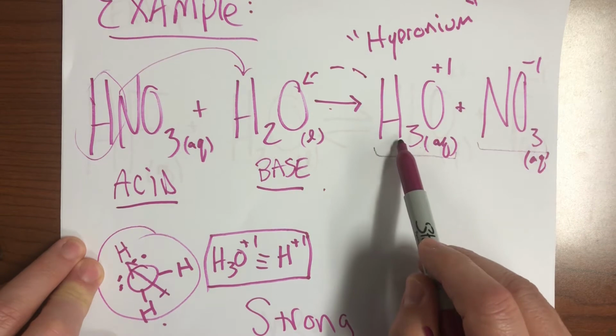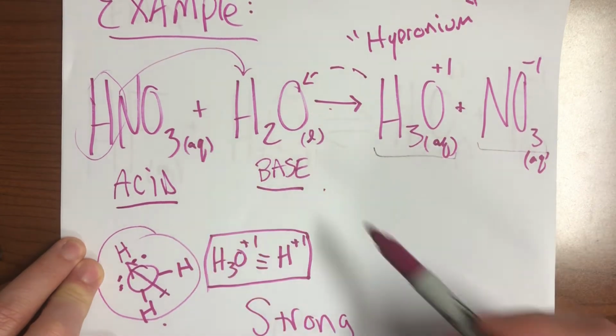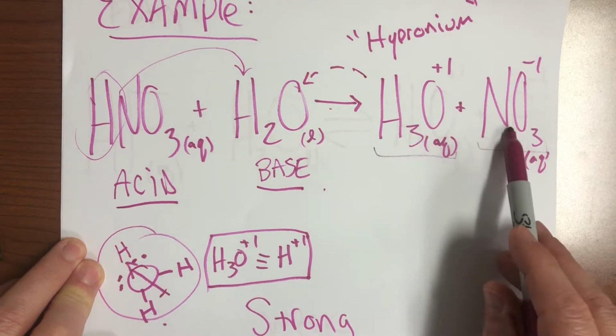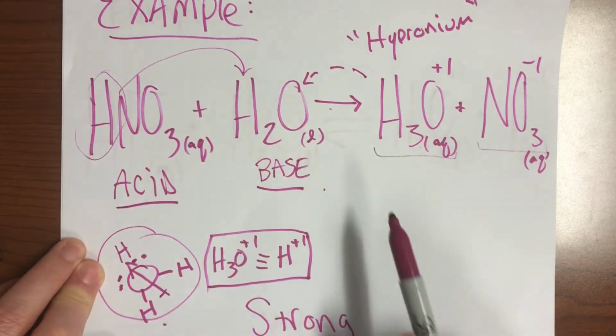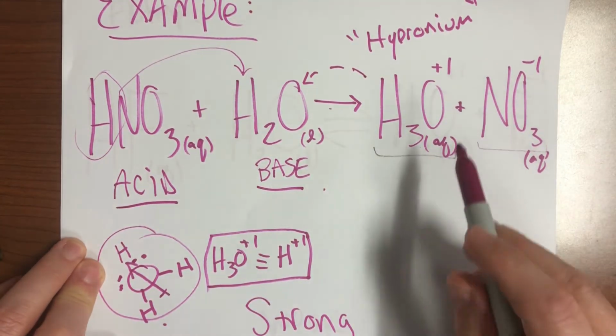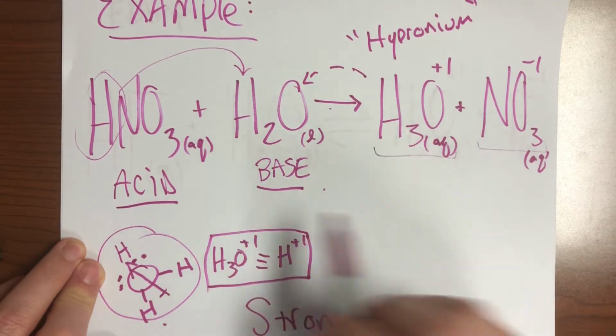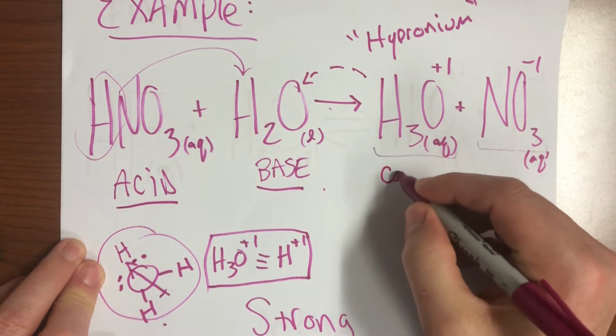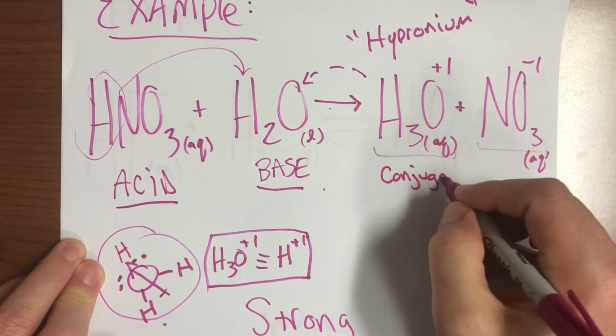And you can see that the hydronium, in the reverse reaction, gives its extra hydrogen away to nitrate, reforming the reactants. So this would function as an acid in the reverse reaction. So it gets a name. It's called a conjugate acid.